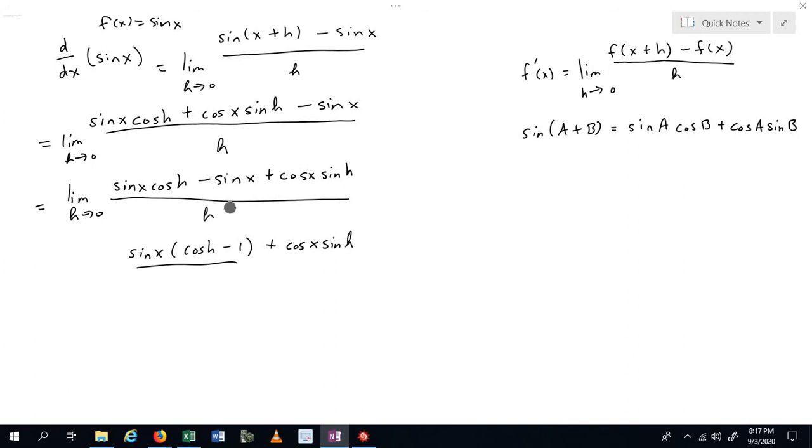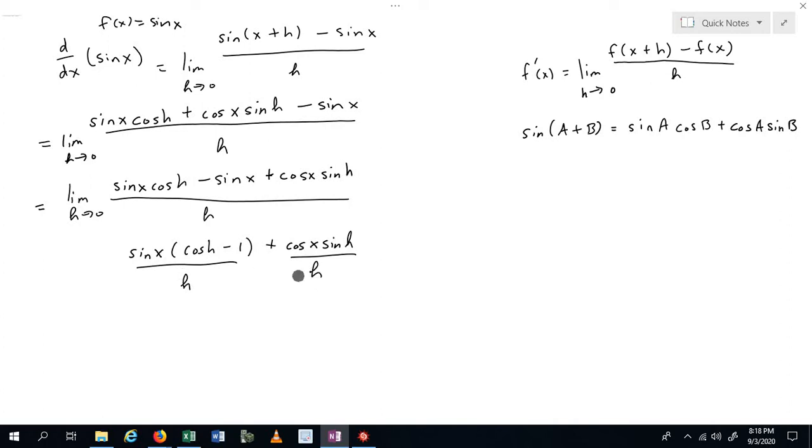And then I'm also going to break this up into two fractions. h is dividing all three of these terms, and so you can write it like this. h is dividing this first term, and after I factor sine of x out, the top looks like this, and h divides that term, but h also divides this term.